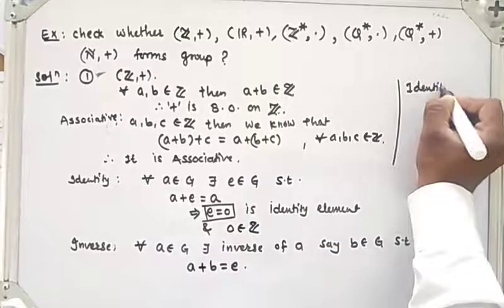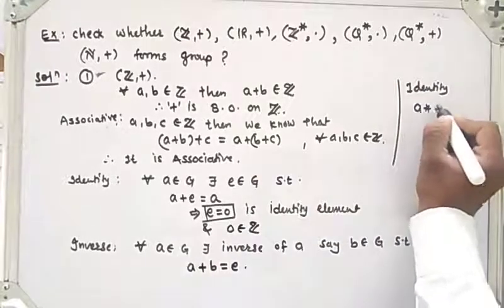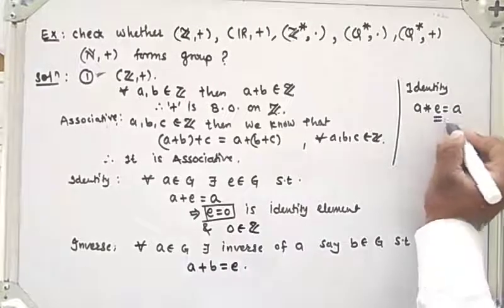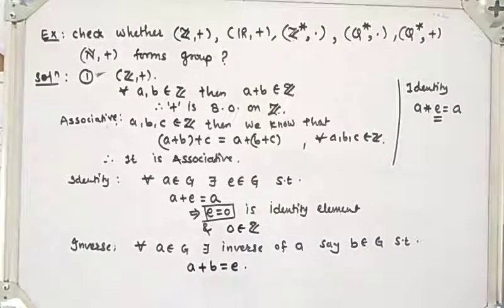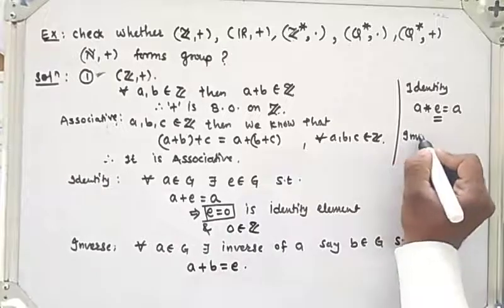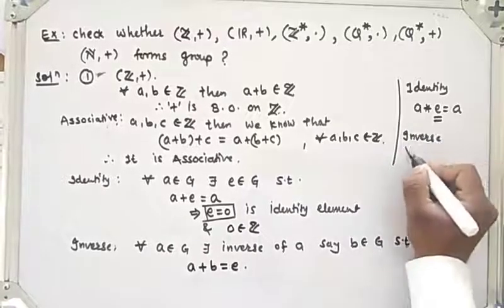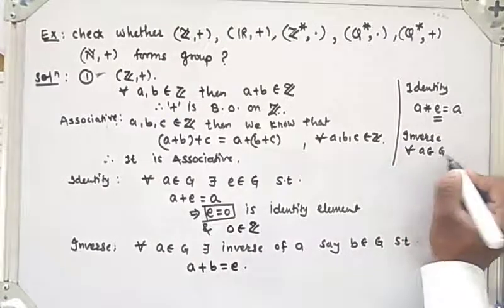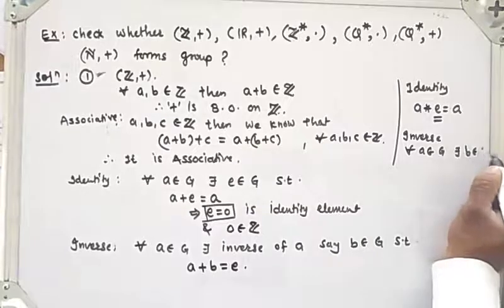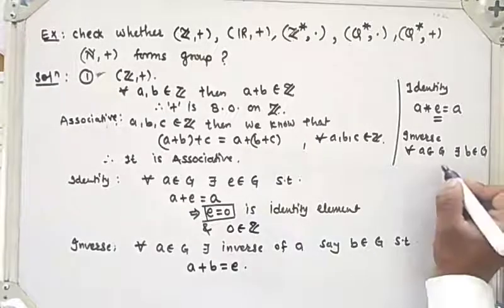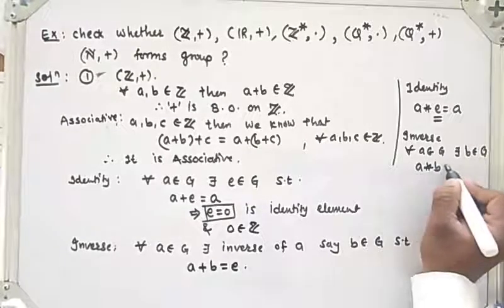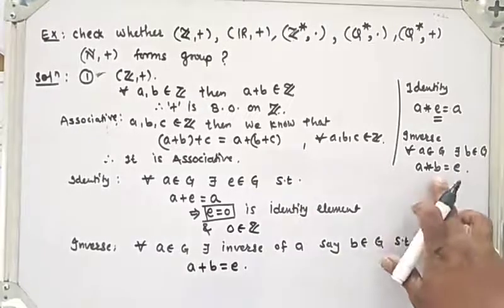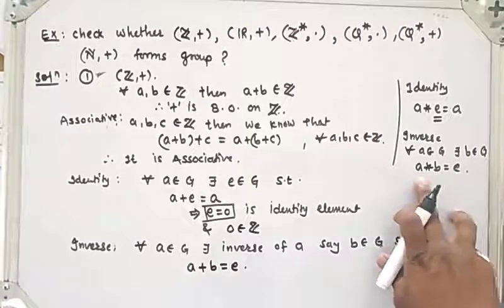For identity, if a star e is equal to a, then we say that e is the identity element. For inverse, if a star b is equal to identity, then we say that b is the inverse element of a.